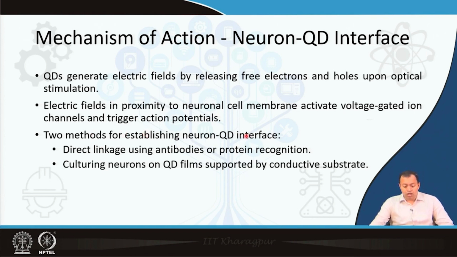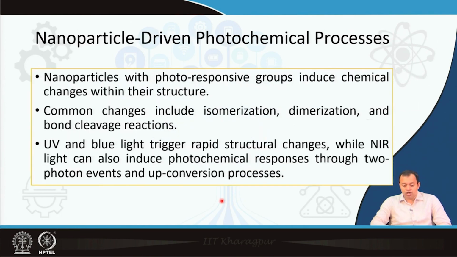So, the neuron quantum dot interface is something that is coming up very strongly. Quantum dots, as we have discussed, are very small particles, 0D, zero dimensions, and they can be used to target very specific locations, right.